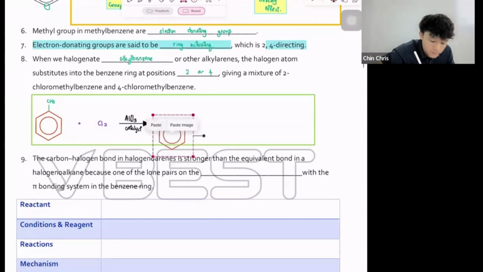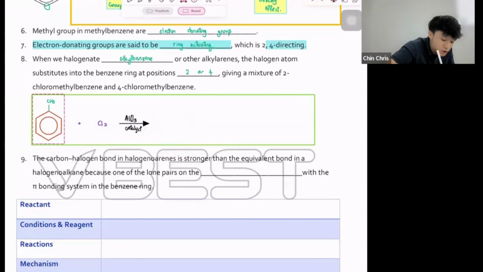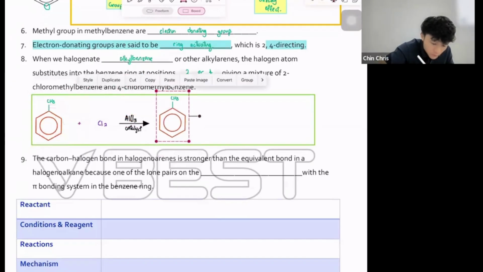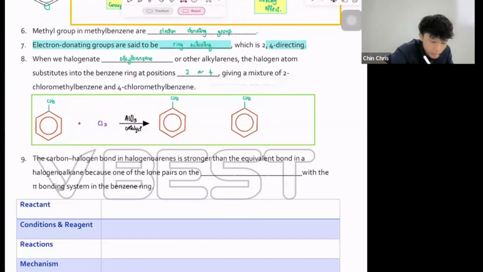So guys, where do we go? If you go into position 2 or position 4, right? So you either get a 2-chloro, or you'll be getting a 4-chloro, understand?